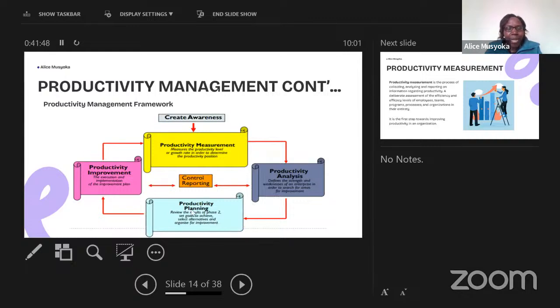And then we come to productivity planning, where we review the results of phase 2. We set goals to achieve, and we select alternatives and organize for improvement. So the cycle continues repeating itself, and that's how we are able to improve on productivity. That's just the framework.